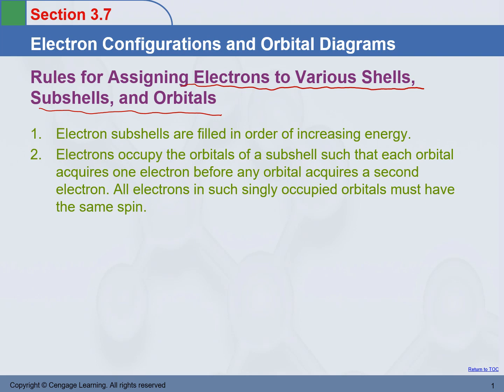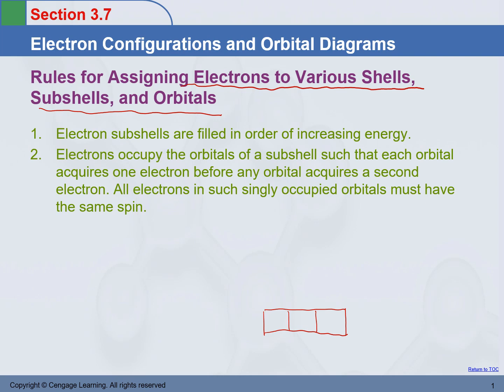They're talking about different orbitals in the subshell. So I'm going to use subshell p as an example. I'm going to draw 3 boxes to represent the 3 orbitals in the p subshell. This rule talks about how electrons occupy them and the direction of the spin of the electrons.